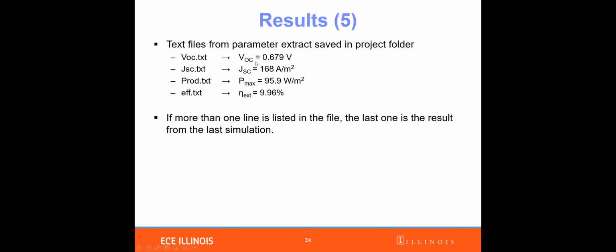using the parameter extract syntax. So you can see your open circuit voltage is about 0.68, short circuit current around 170 amp per meter square. Your maximum power extracted from the IV curve is roughly 96 watts per meter square. Your conversion efficiency is about 10%.